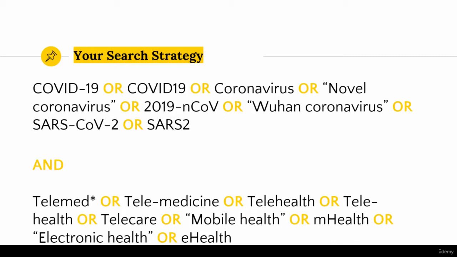We have the use of phrase searching represented by the double quotation marks, and then we're going to combine that first concept with AND, our Boolean operator AND, to search for our second concept around telemedicine and telehealth. And again, you can see we are going to use some different techniques such as truncation, using the asterisks, and once again phrase searching. So let's run that search together and take a look at the results that we get back.